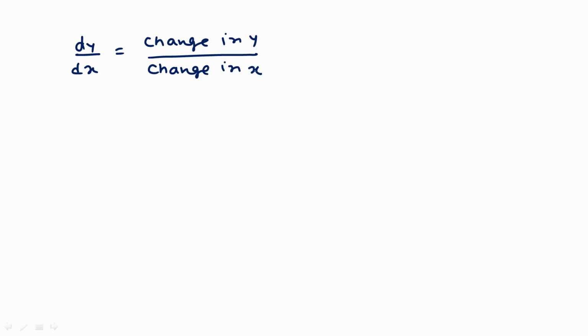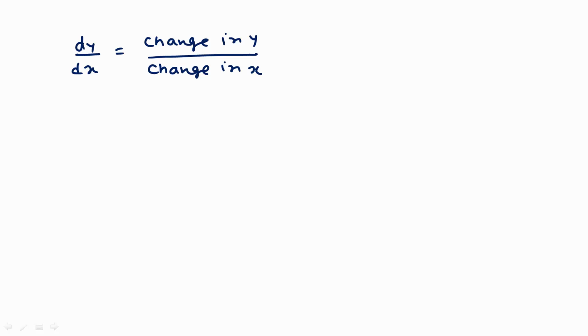And as we just learned, it is written as dy by dx. Remember that we will not cancel out the d's, because d is an operator, not a letter. So the meaning of dy by dx is clear to us now: change in y with respect to change in x.